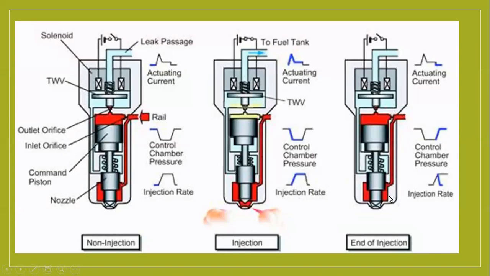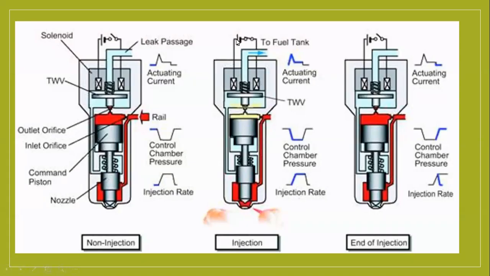So when you see the three stages, 1, 2, 3, fuel is there regularly, but only one time the injection will take place, meaning spraying the diesel, right? When spraying, you will see the diesel on top here also. This top diesel comes down when the spraying takes place.